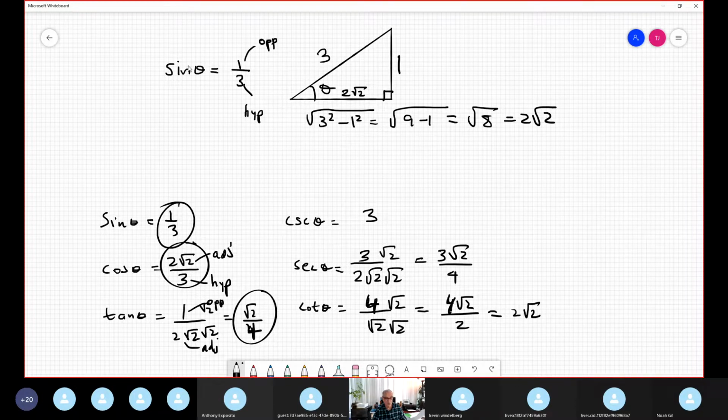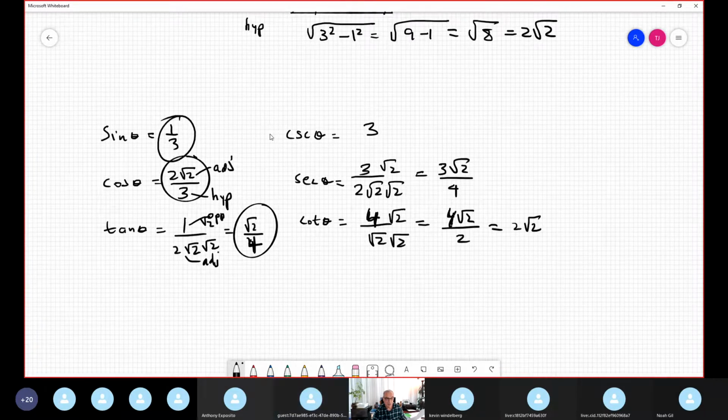Do you understand where this 4 comes from? Yes, Professor, because we rationalized. Exactly. And cosecant is 3, and secant is 3 radical 2 over 4. And cotangent is 2 radical 2. I forgot cotangent on my paper.